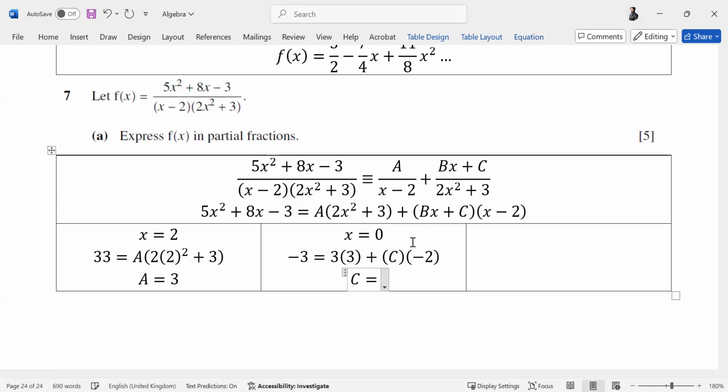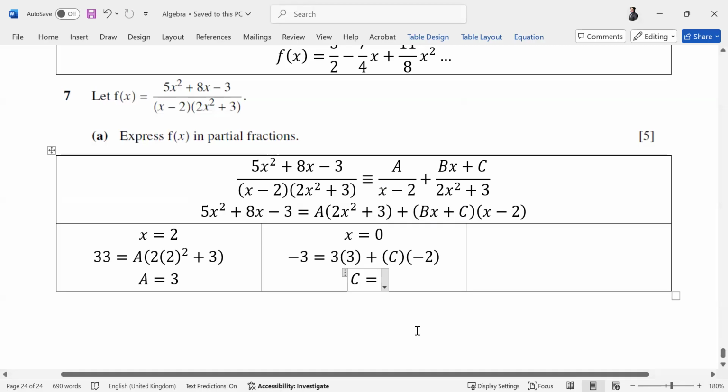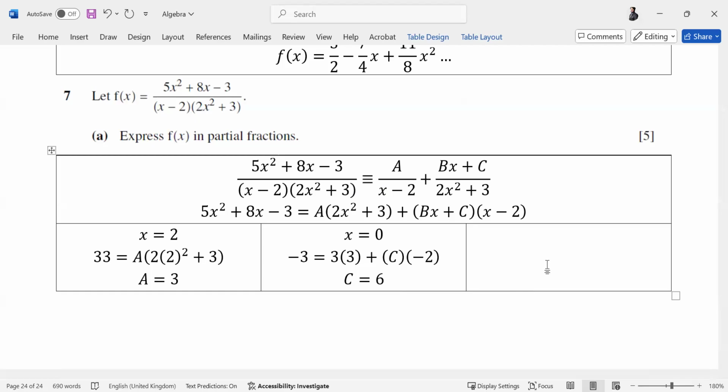So what is the value of C then? Is this what you're getting? That's right. Now you know the values of A and C.